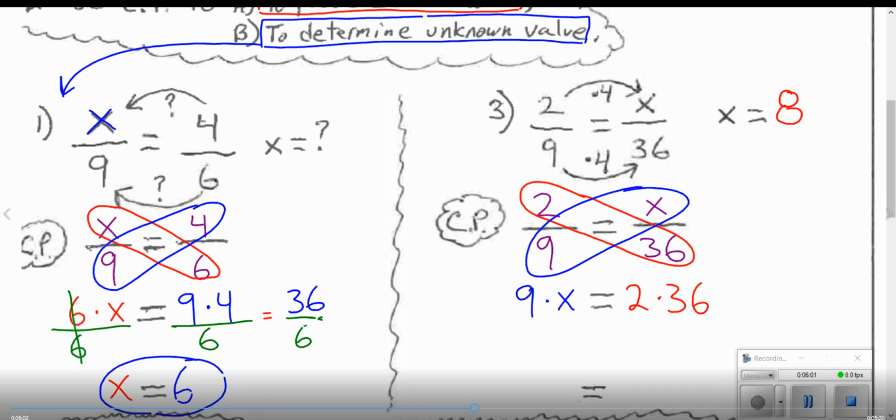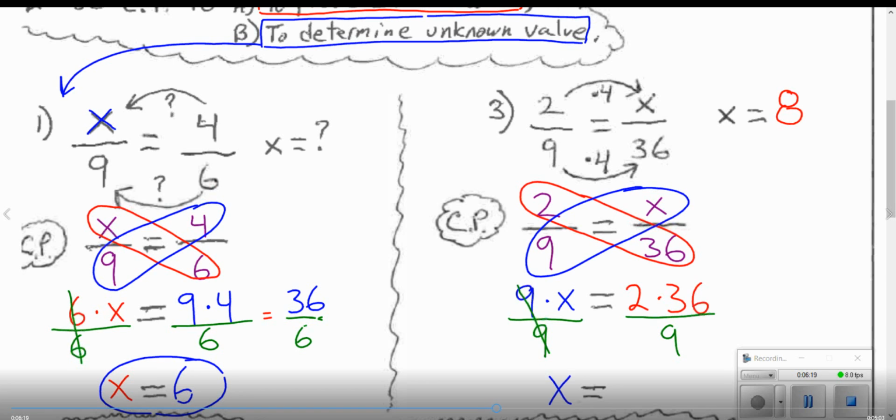Okay, so let's see, what do I need? I need to get the letter by itself, so I will divide by 9. But I need to do it to the other side also. What you do to one side, you do to the other. That leaves us with just x, because 9 divided by 9 is 1.